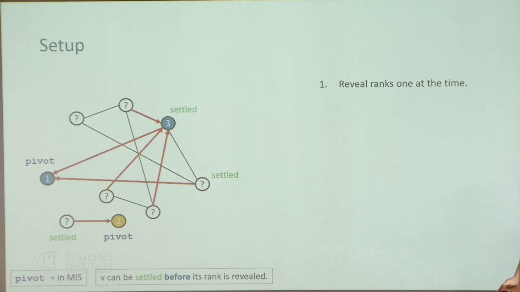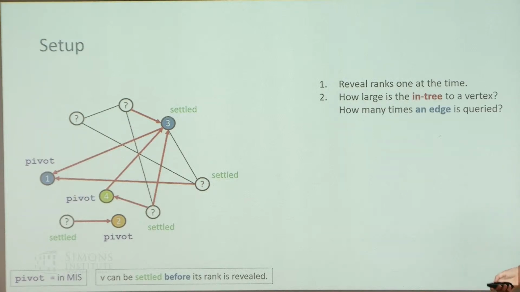Maybe we have some more, and I didn't reveal the full graph, but you get the idea. What we would like to understand is how large is the in-tree of a vertex. Actually, even more specifically, how many times an edge is queried. This last thing is what we are going to analyze now.